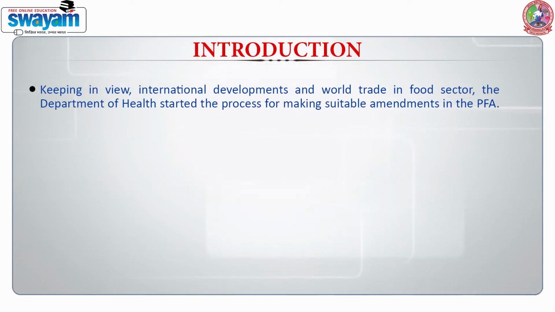Consequently, the powers to control various food articles went to various ministries and departments of the Government of India. But keeping in view the international developments and how the dynamics of world trade were changing in the food sector, the Department of Health started the process of making suitable amendments in the PFA Act.